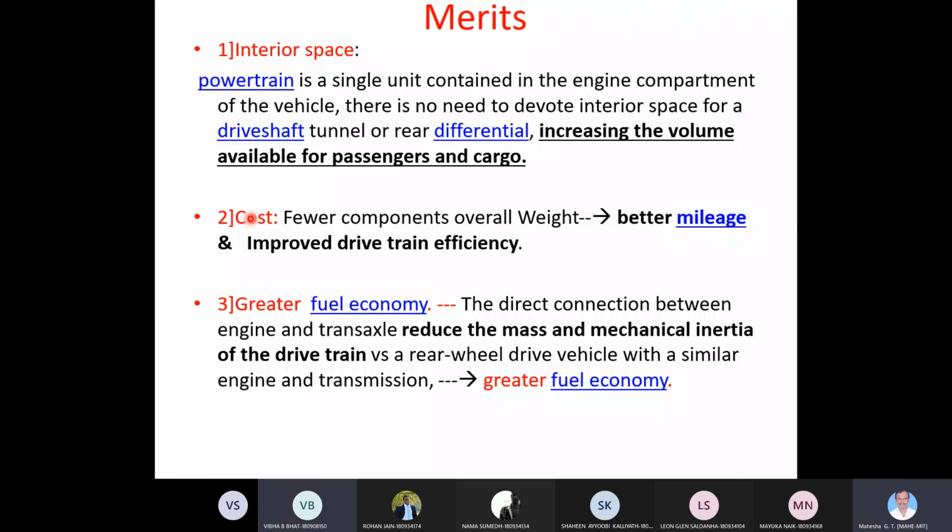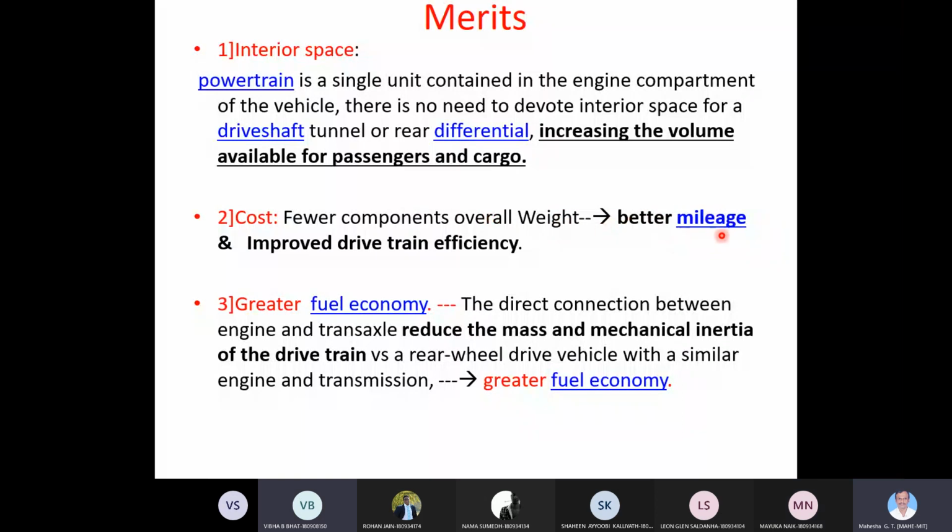You have to justify, no? The propeller shaft and all those things which we discussed the other day are not seen here. Will you agree with this after seeing the layout? Yes, sir. Weight reduction means there is a saving, no?